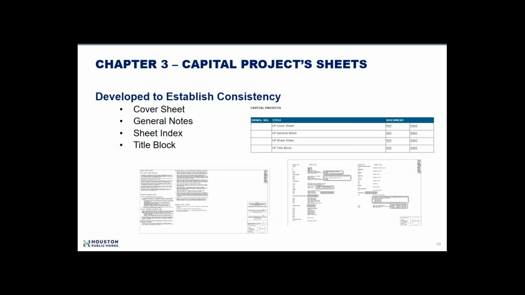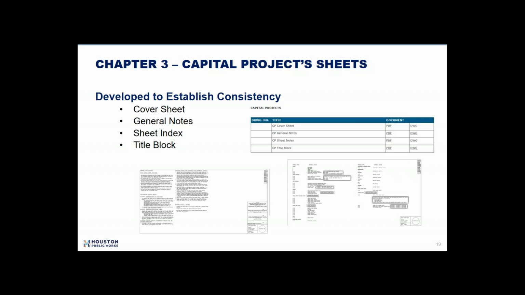So in the early stages, in the beginning of this whole process, being over in capital projects, we really focused on some of the basic capital projects issues that were identified across the service line. These would be cover sheet, general notes, sheet index, title block. In the past, the general note sheet has been used to dump all sorts of project information.